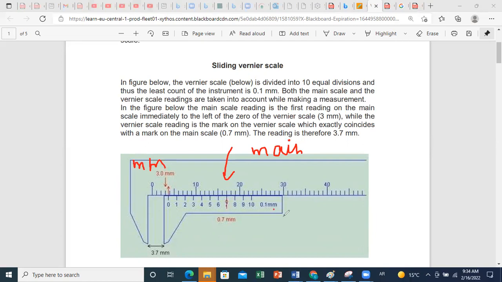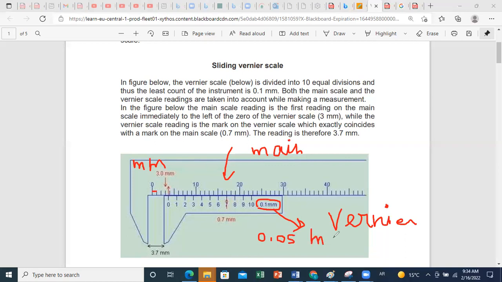Then this is the vernier scale, which divides each millimeter into several parts. Here your accuracy of reading on the main scale is 1 millimeter. However, when you use the vernier scale, your accuracy increases to 0.1 millimeter, because here you have 10 divisions. If you have, for example, 20 divisions on your vernier scale, the accuracy will be of the order of 0.05 millimeter.